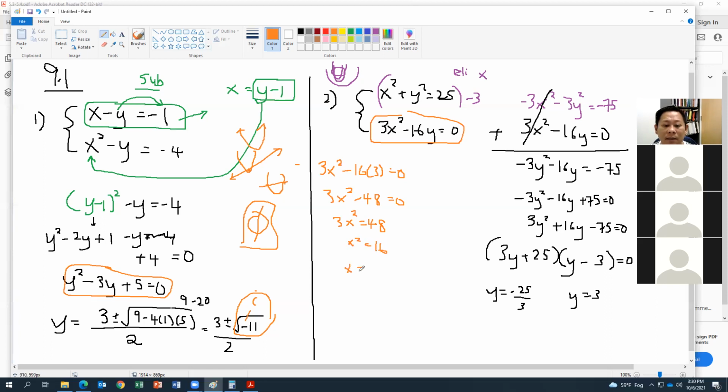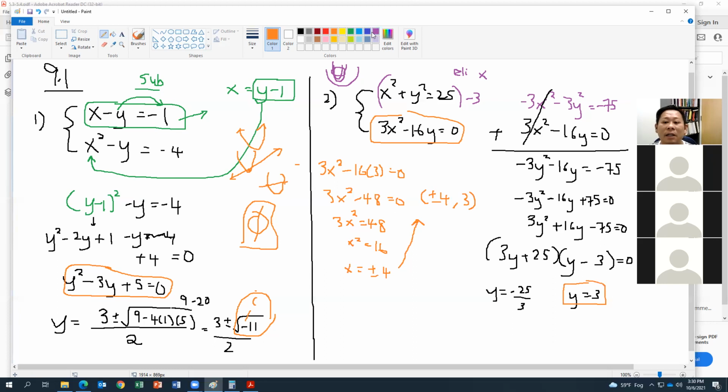So x in this case is plus or minus 4. So in this case, you got 2 answers. Usually your answer is in coordinates. Plus or minus 4 for x, y is 3. So you got 2 answers here. And this is for y equals 3.